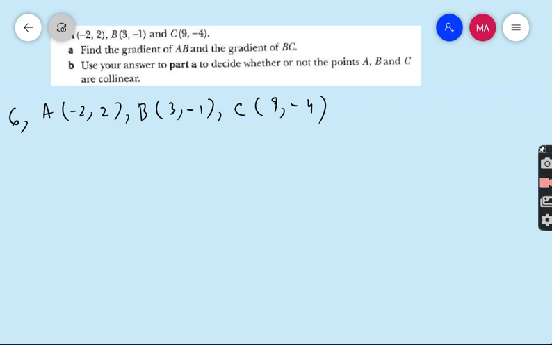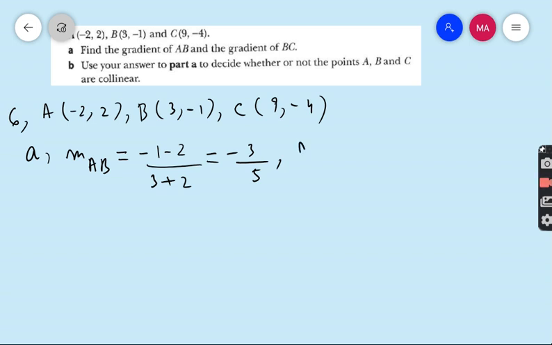Question, part A. Find the gradient of AB and the gradient of BC. Gradient of AB is -1 minus 2 upon 3 plus 2. -1 minus 2 is -3. 3 plus 2 is 5. -3 upon 5.